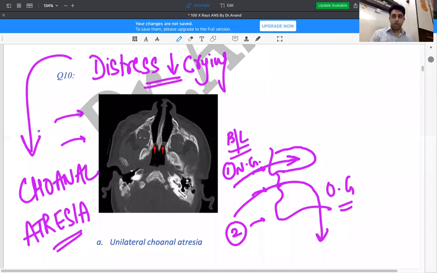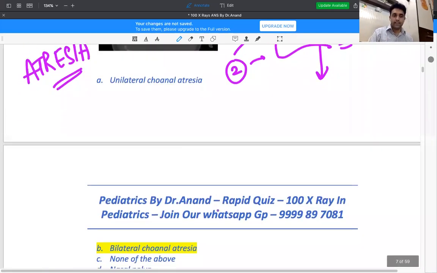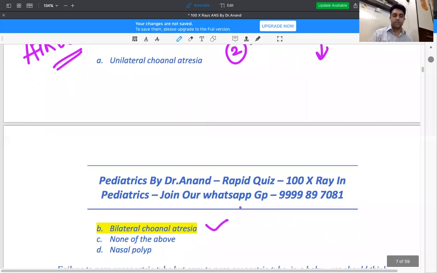That's very important, because when the baby is quiet and not crying, and this baby has choanal atresia, he will not be able to take a breath, so he'll become cyanosed and distressed. But when he cries, he's taking a breath inside, and once he takes the breath inside, cyanosis improves. So again, question number 5 aims at choanal atresia. Finish. So it's a case of bilateral choanal atresia. Finish. Next question. Fast, fast.